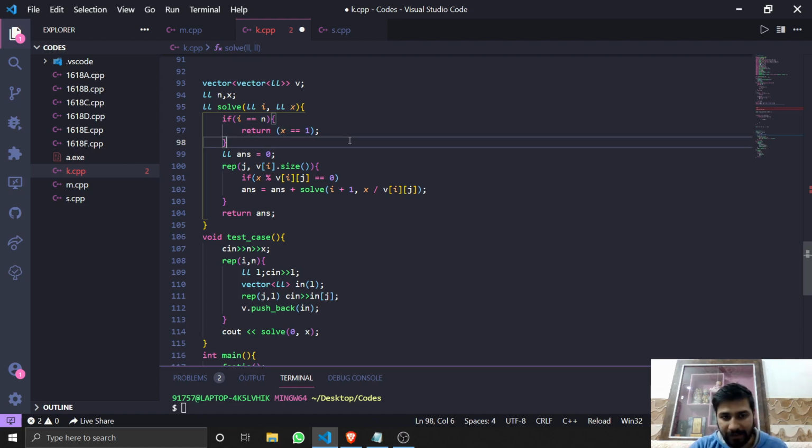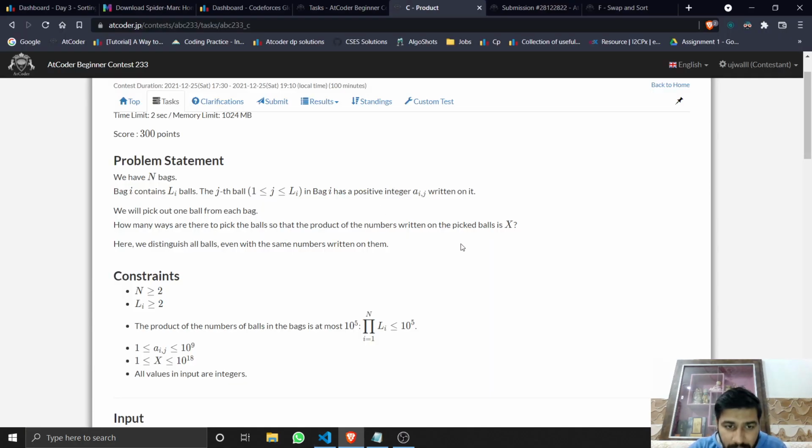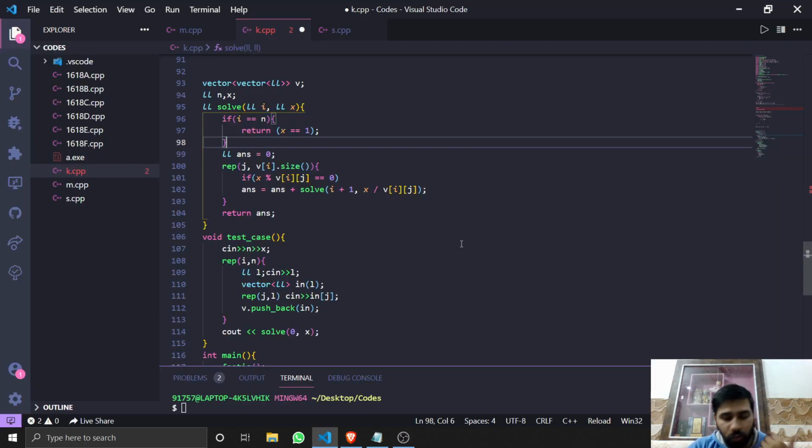That is correct, right? So if at this point my x becomes 1, that means all of the numbers that I have picked are valid. They are making a sequence whose product is equal to x.